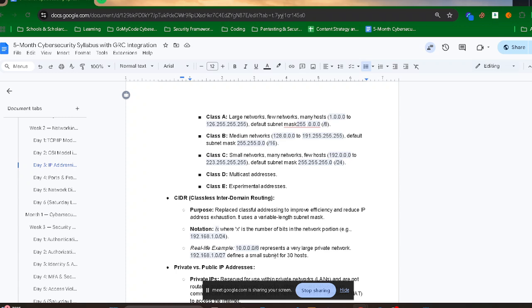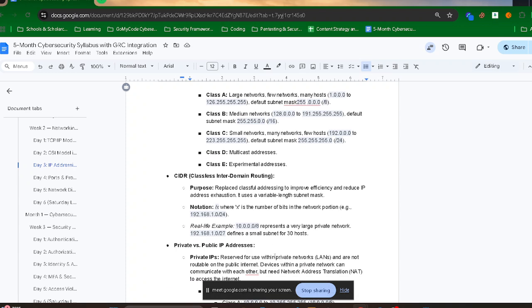And then we have CIDR, which we've been explaining. It replaces classful addressing to improve efficiency and reduce IP address exhaustion. It uses a variable length subnet mask.